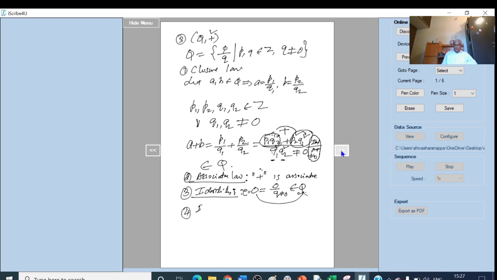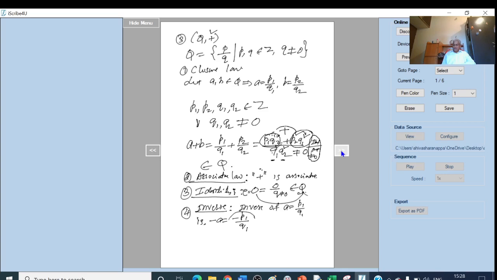And about the inverse of A equal to P1 by Q1 is, we know that inverse of an element with respect to addition is minus of that element. That is here, this is a minus A is equal to minus P1 by Q1.